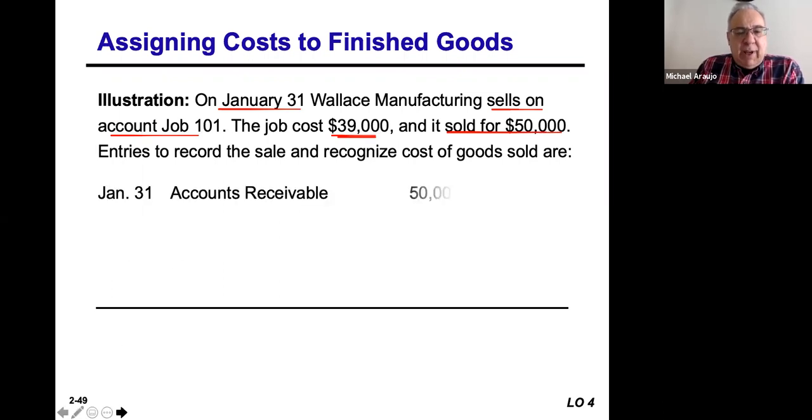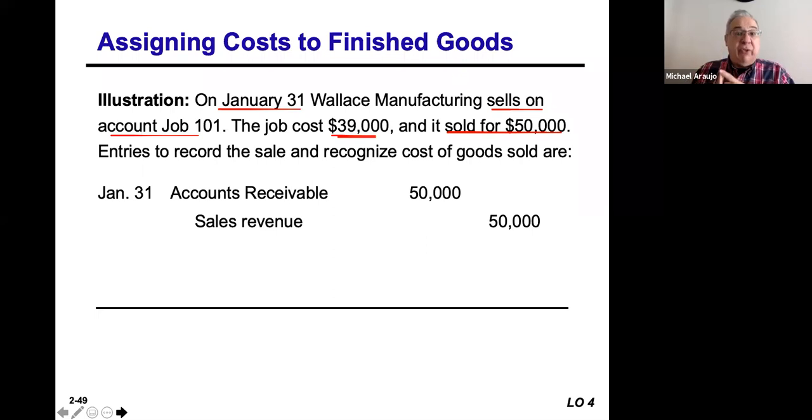Well, remember in accounting, from accounting 104, you might remember anytime there's a sale from a merchandising company, we got to do two things. We got to record the sale, which is what this is here, right? So we're going to debit our accounts receivable because we sold this on account, right? And we're going to credit our sales revenue.